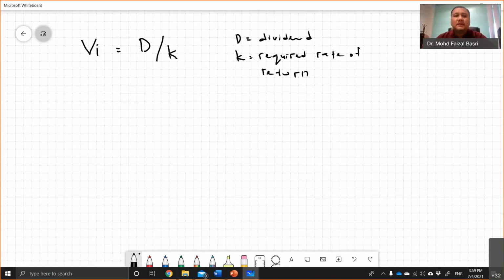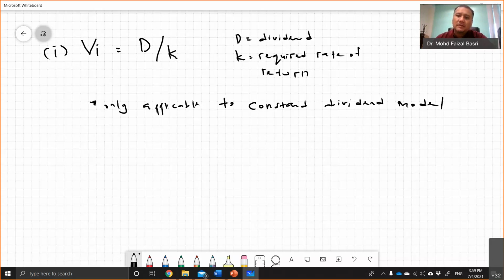For this formula, number one, it is only applicable to the constant dividend model, if no selling price is given in the question.